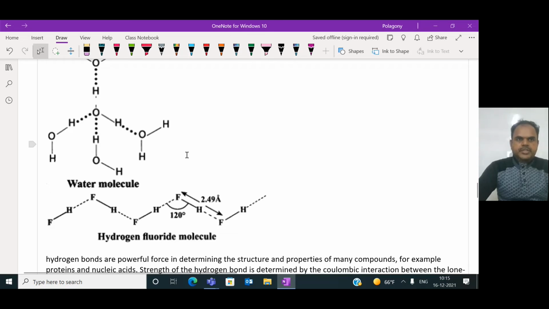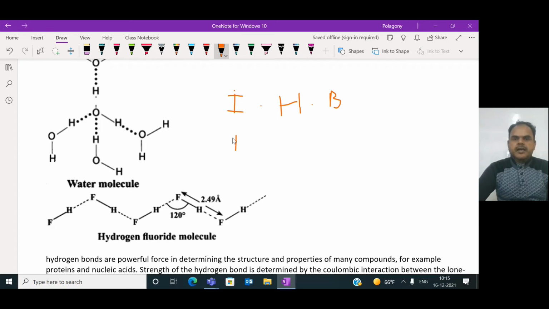This hydrogen bond is classified into 2 types. One is intermolecular hydrogen bonding, and the second one is intramolecular hydrogen bonding.